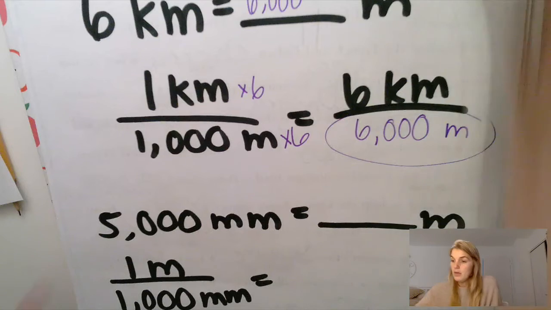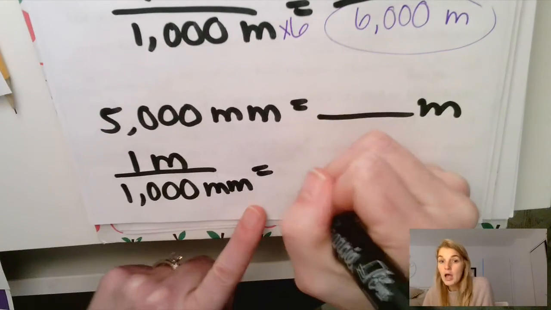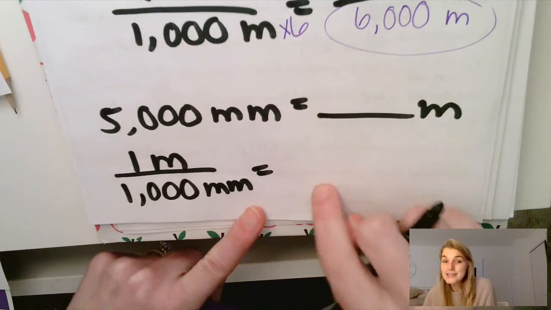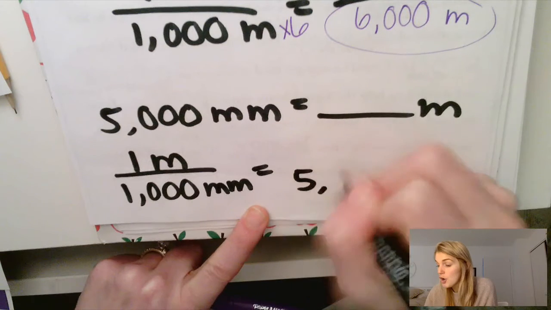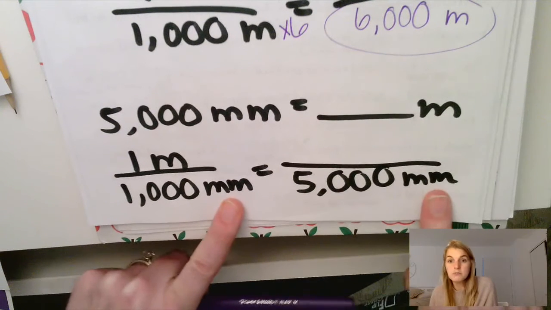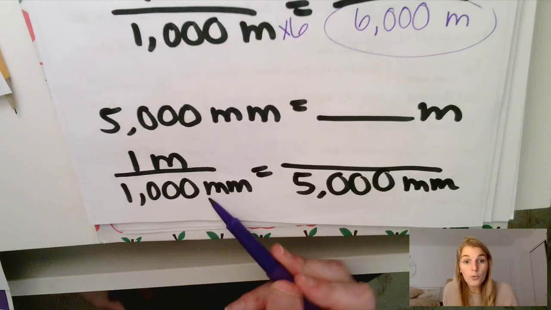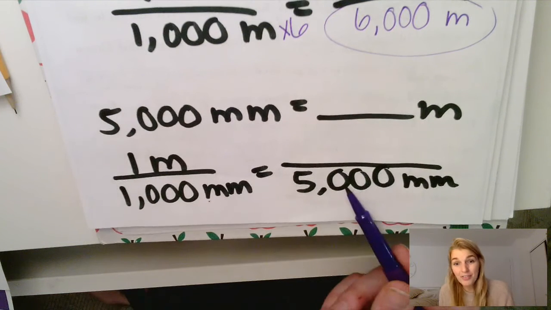Awesome. Now remember, I know we're talking about millimeters, so I am going to put my millimeters down here because that's what I know. And we want those terms to be matched up. Our units, millimeters, are together. Now, how did we get from 1,000 millimeters to 5,000 millimeters?